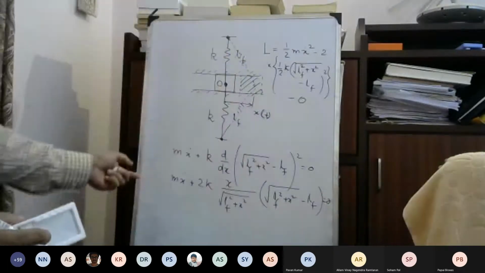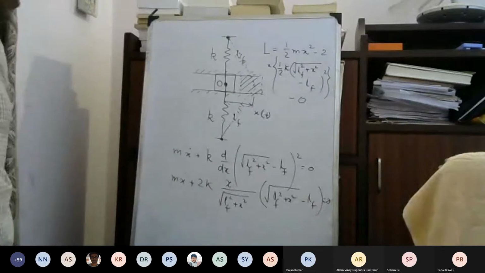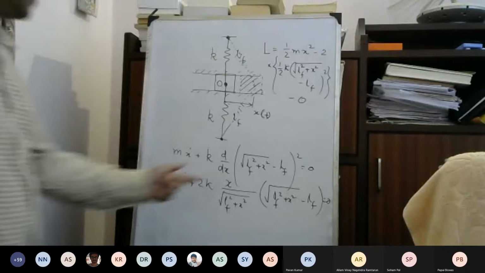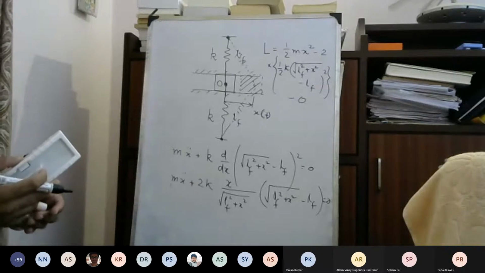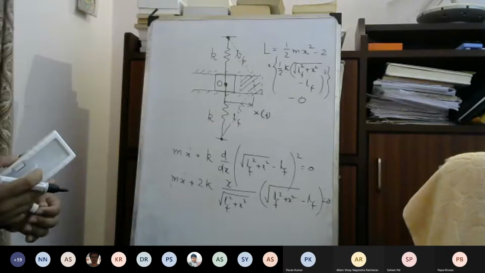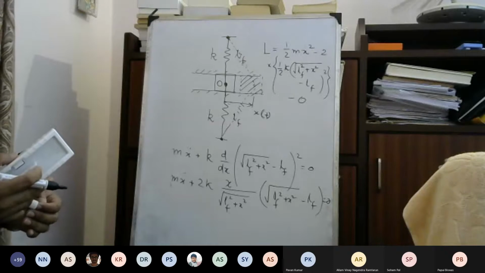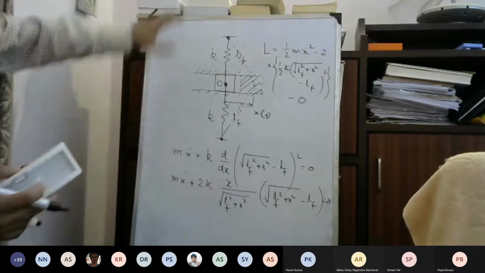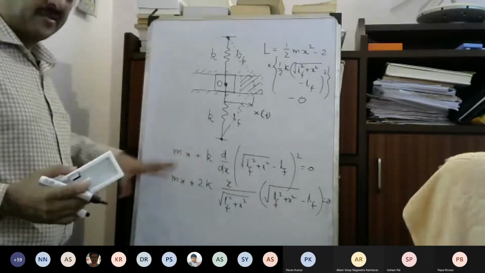I believe I have done it correctly. I will see, but this is what you will get. This is also the derivative of this quantity. Okay. So you see, this is actually a nonlinear equation.